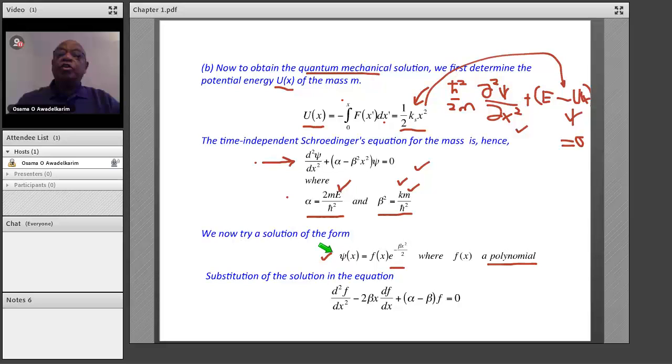And if it solves this differential equation, then what I need to do is substitute this psi of x back in the differential equation. And if we differentiate this psi of x into the differential equation, this is the resulting differential equation that we come up with. Now, why do we do this?